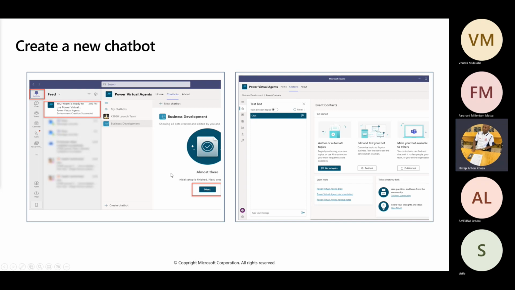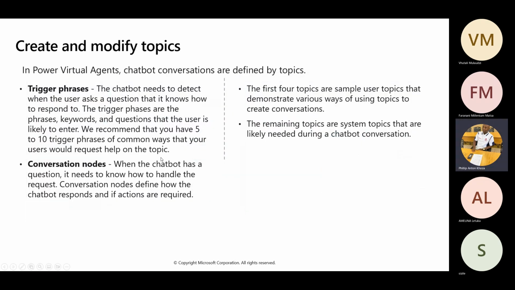As you can see here, it's just a demo on how to create a new chatbot. Here we have creating and modifying topics. In Power Virtual Agent, chatbot conversations are defined by topics, which have trigger phrases and conversation nodes.